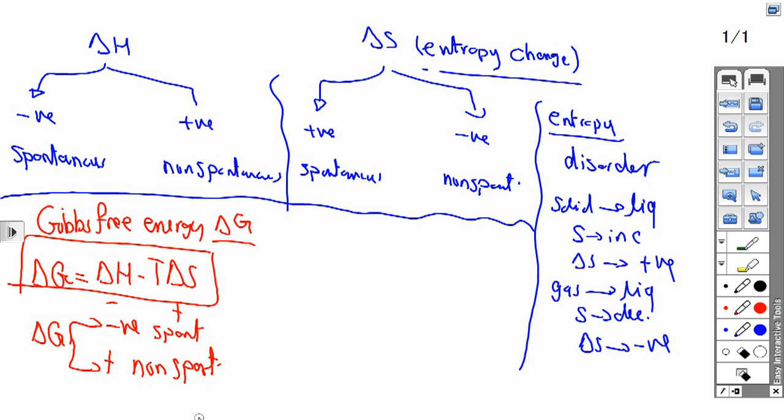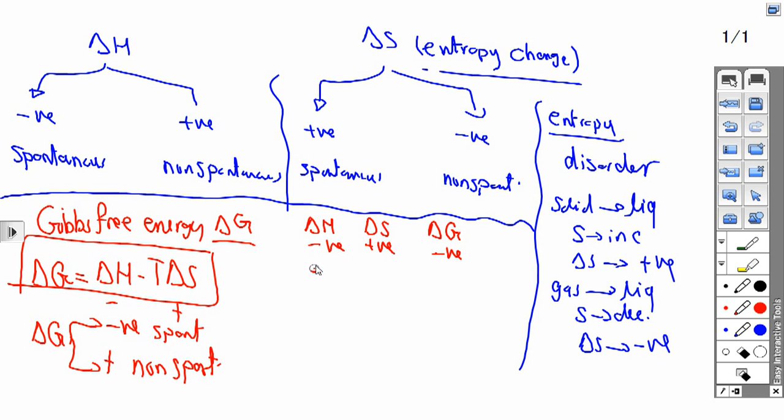If both of them are positive, delta H positive with delta S positive, when does delta G become negative? If delta H is negative and delta S is positive, delta G will be negative and the reaction is spontaneous.